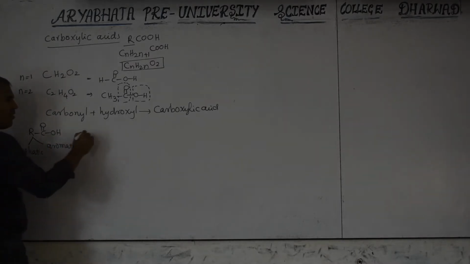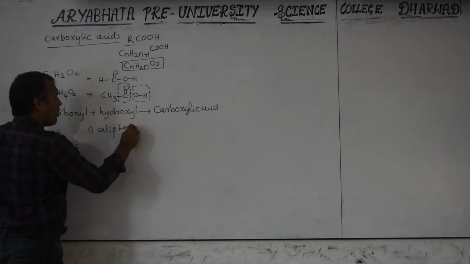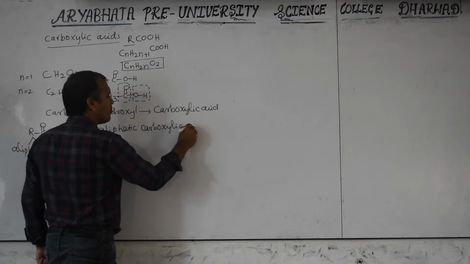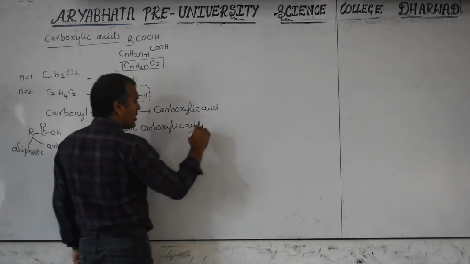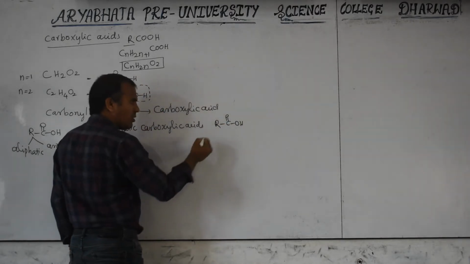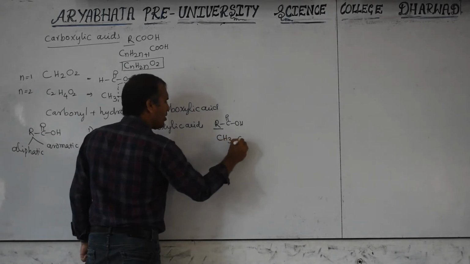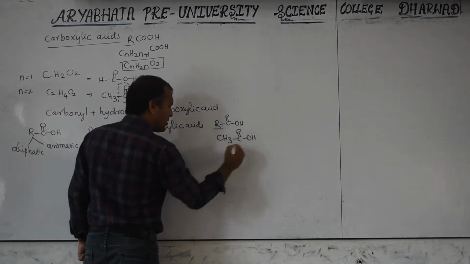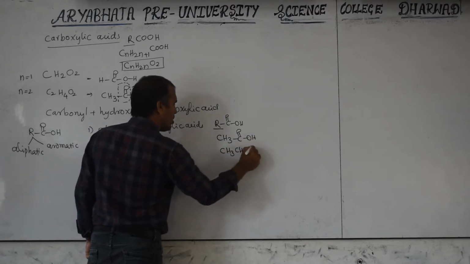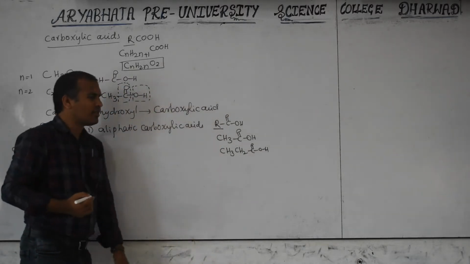If R is aliphatic, then aliphatic carboxylic acids are represented as R C double bond OH. Here R is aliphatic, then it is CH3 C double bond OH, acetic acid. Otherwise take CH3 CH2 C double bond OH, this is propanoic acid. This is ethanoic acid.